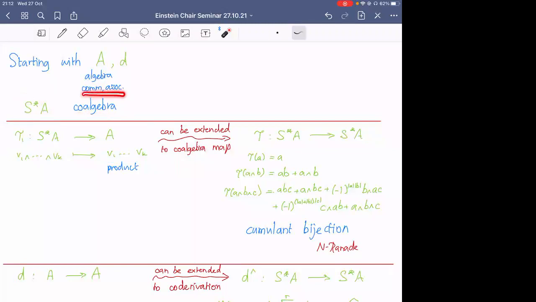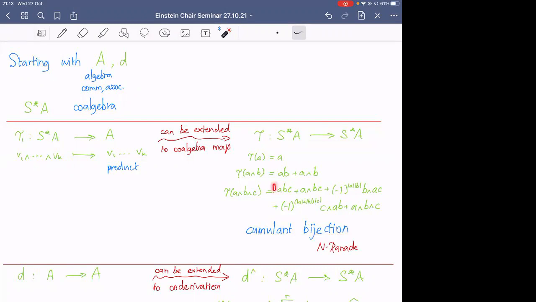Given the multiplication on A, we have a natural map from S star of A to A, which is: take an elemental wedge and take its product. So that's using the multiplication now. Now, as we just said, any map from S star A to A can be extended uniquely to a coalgebra map. So we do that. And what you get is what's called the cumulant bijection. So it's not entirely trivial.